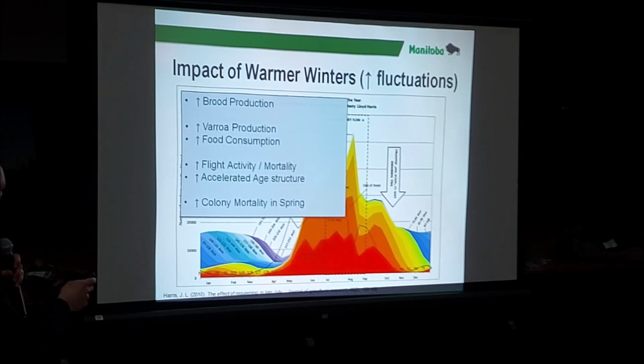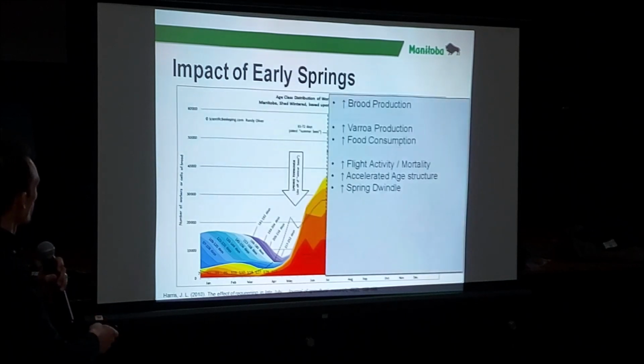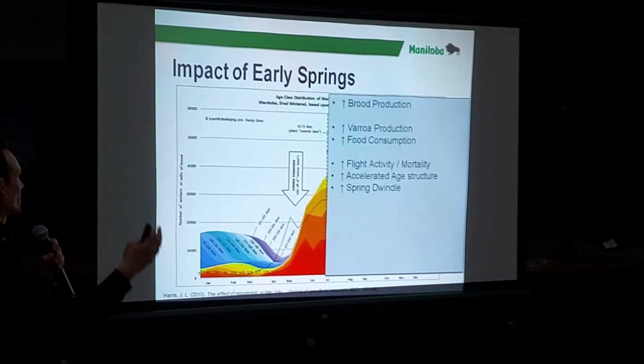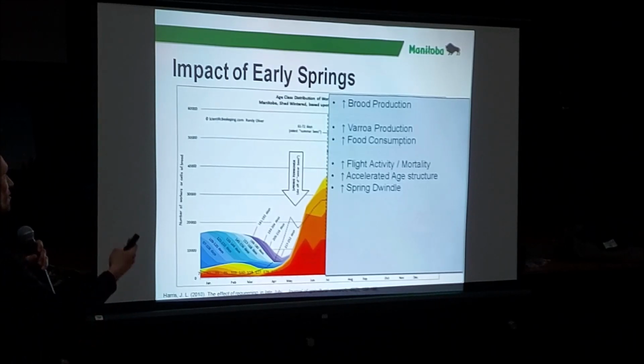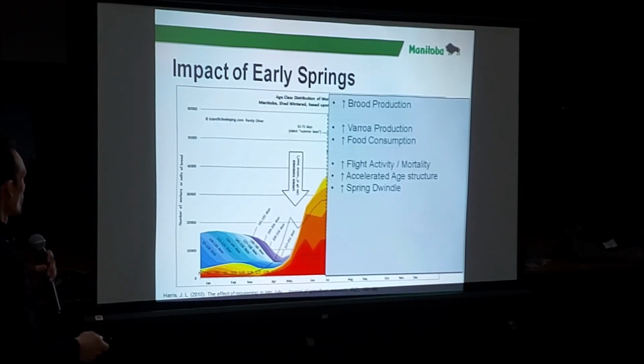So this is basically very similar to what might happen in early spring. Those temperature fluctuations could happen right at the end of winter, or winter, spring, whatever you want to call it. So very similar things: increase in brood production, much earlier increase in varroa production, increase in food consumption, starvation becomes more of a concern, increase in flight activity and some mortality earlier on, accelerated age structures, and increased spring dwindle.